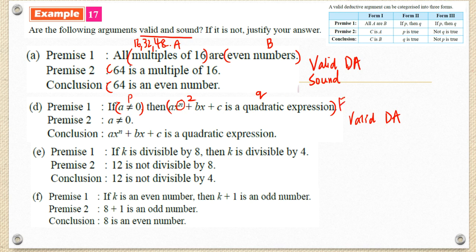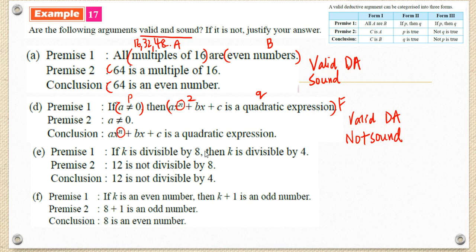Okay, then they also give you the conclusion, ax^n + bx + c is a quadratic expression. This one you cannot say is true, because they didn't give you the value of n. So this is not sound. It is valid but not sound. Valid means it follows this form. Not sound means one of them is not true.